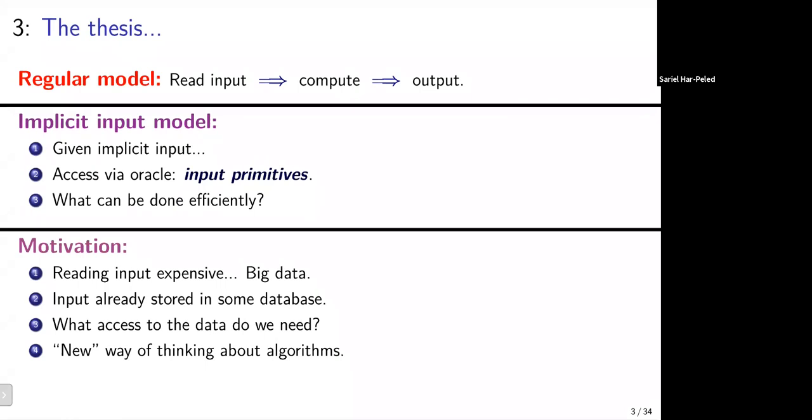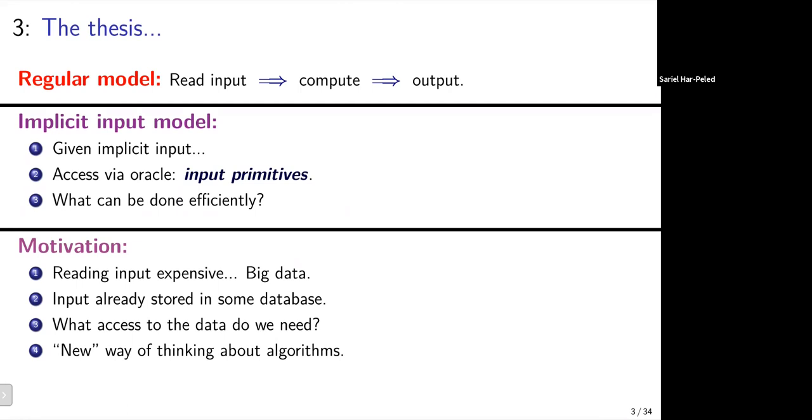So I want to think about it in the same way, that you have some basic input primitives. I'm going to refer to them as queries or oracle queries, and you want to compute something with those oracle queries. And the main challenge would be to minimize computation time and the number of queries.